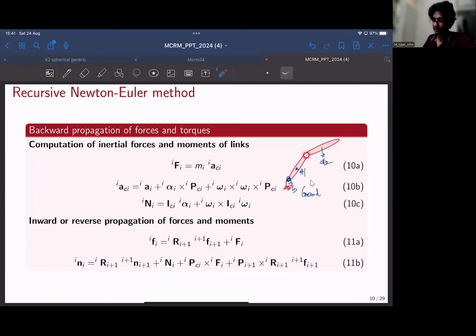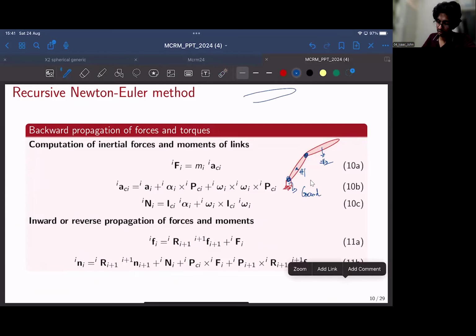And once you have obtained the force at this point, you can also obtain the force at this point by solving the equations of motion of this link first and then this link. It's pretty straightforward because, for example, if you consider link 2, you have these forces, probably F external.